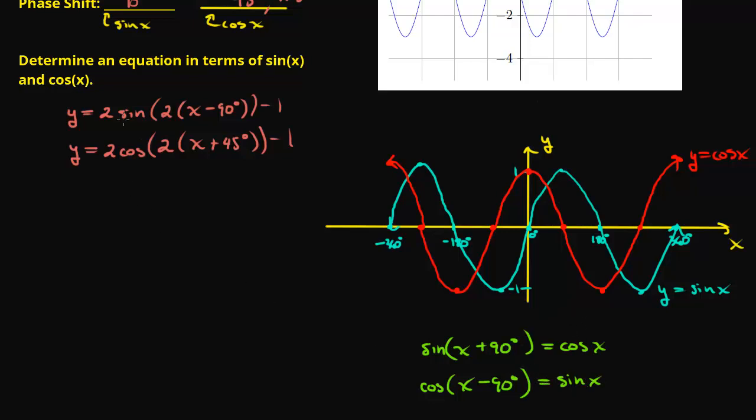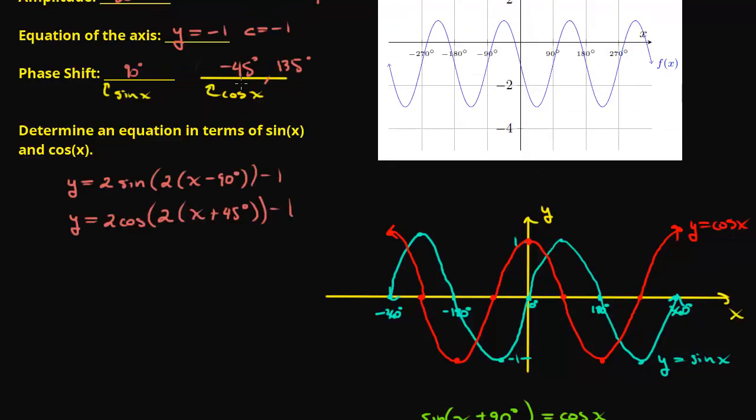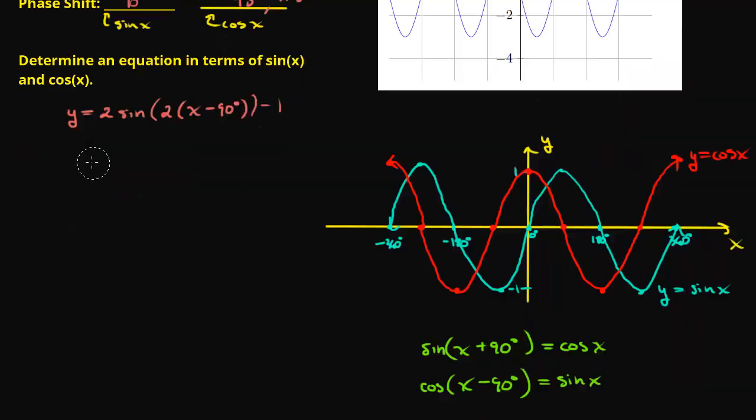So let's see how we can do this if we didn't want to look at the graph to find what phase shift is going to allow us to model this using a sine curve. Let's suppose that I had just come up with y is equal to 2 sine of 2x minus 90 degrees, minus 1.